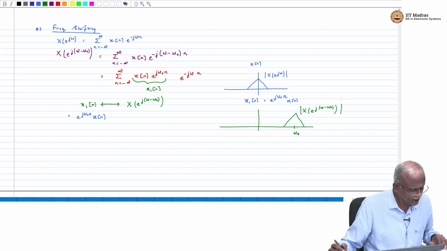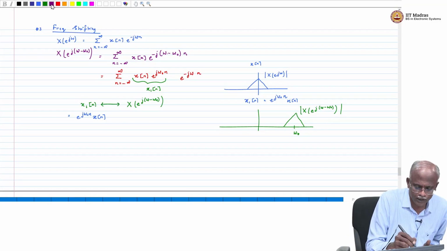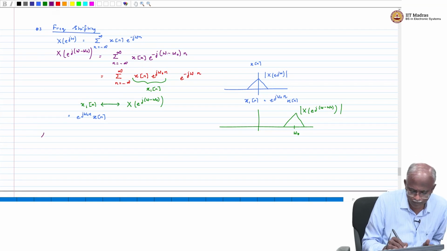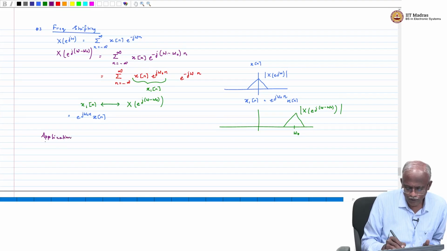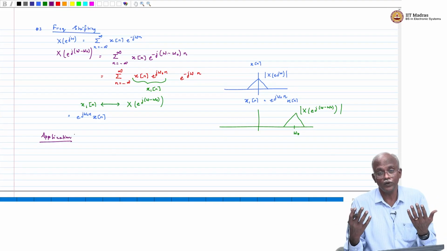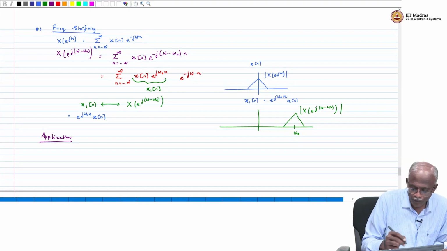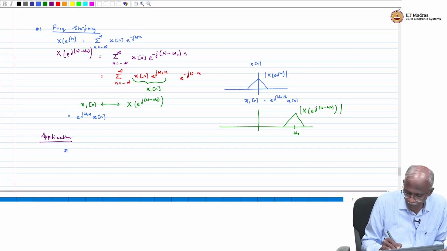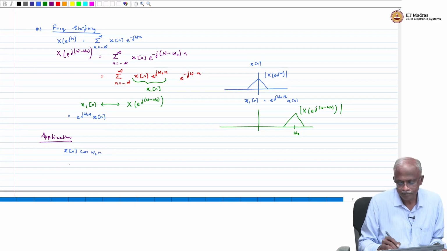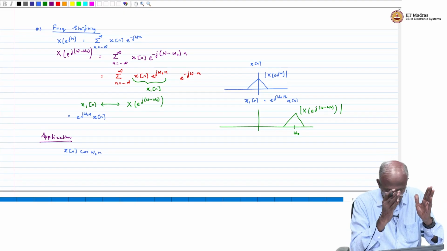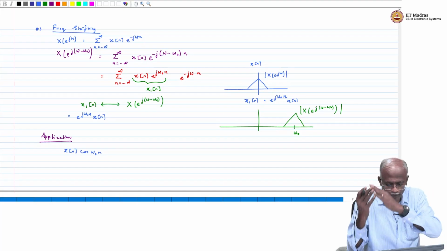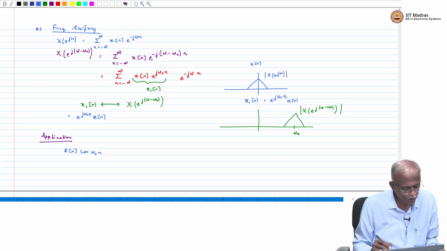As I mentioned to you, this is a very useful, very powerful result. Let me just explain it in terms of an application. An application that we will encounter in communications whenever we want to do wireless communications or radio communications is an operation called modulation, x[n] cosine ω0n. We multiply the information bearing signal with a carrier signal, which we call cosine ω0n.